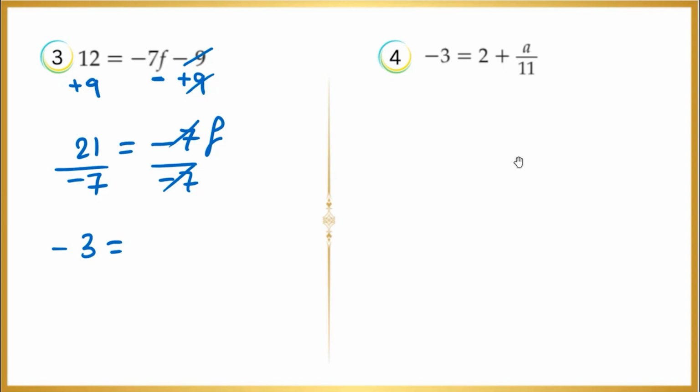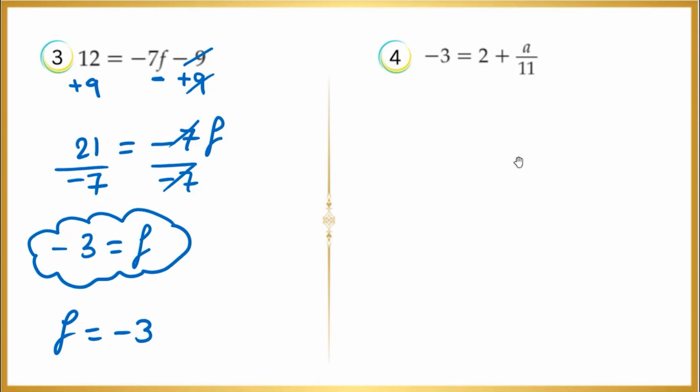Now we have f left. Now the solution here will be f equals negative 3. Like we said before, you can check your answer by substitution. Negative 7 times negative 3 will be 21. 21 minus 9, the answer will be 12. Then your answer here is correct.